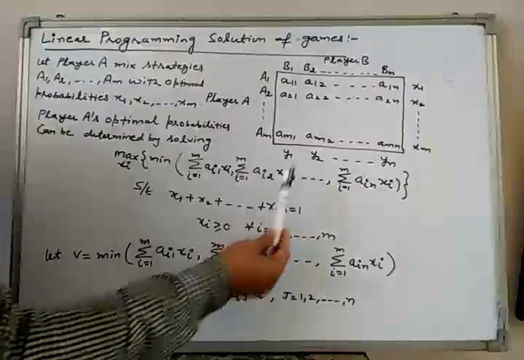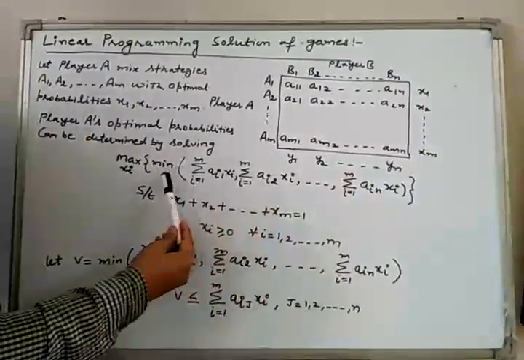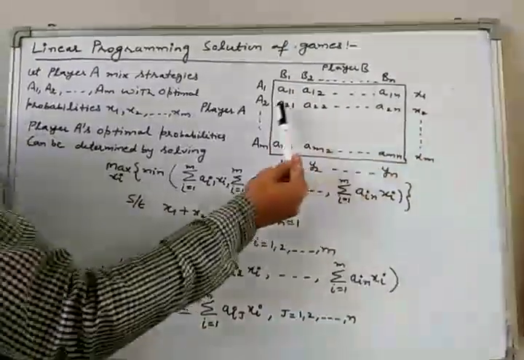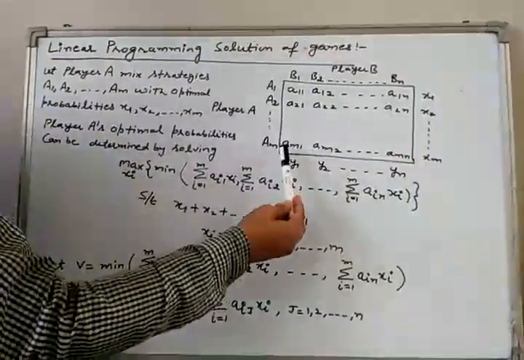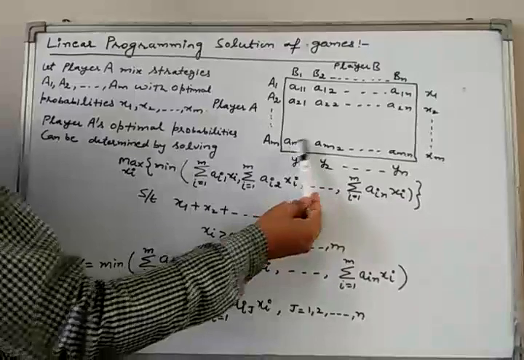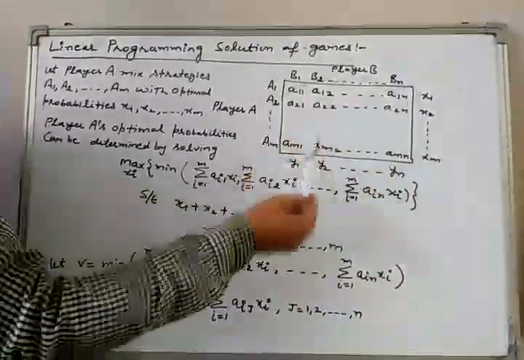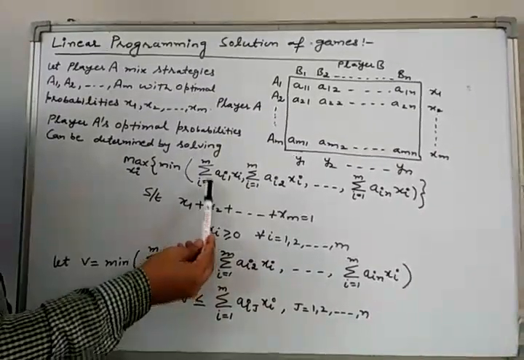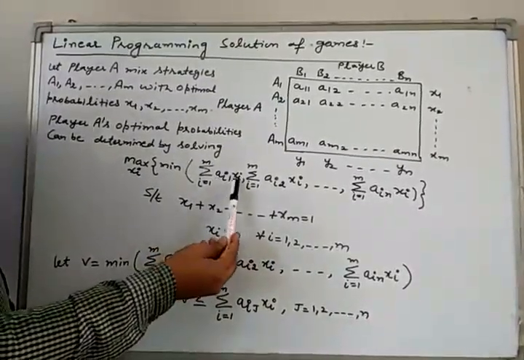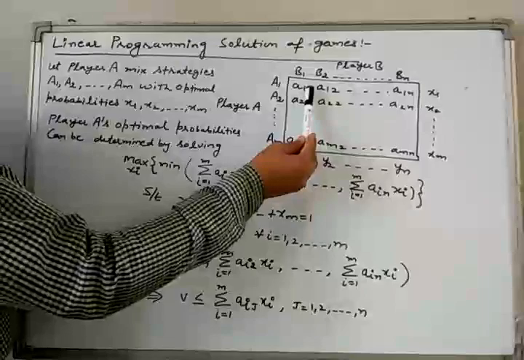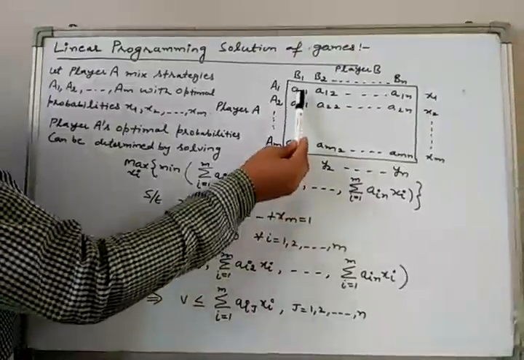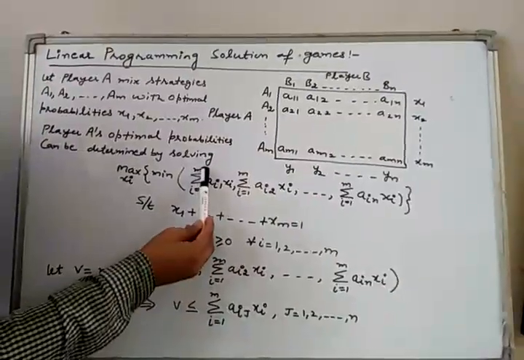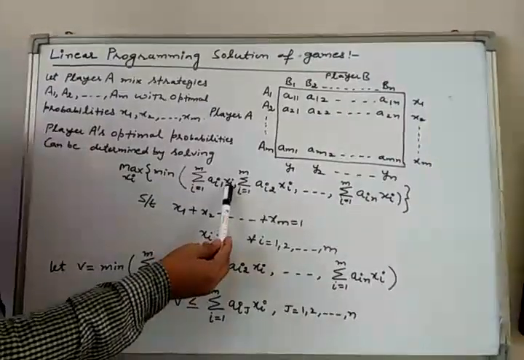For the worst position, we minimize this thing, which is a11 x1 plus a21 x2 plus so on up to am1 xm. If we write this in closed form, this becomes summation i varies from 1 to m of ai1 xi. Here 1 is fixed and this coefficient varies.